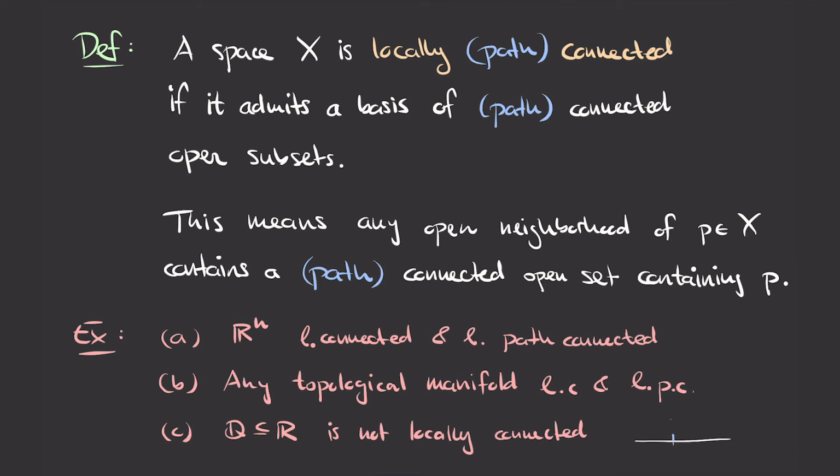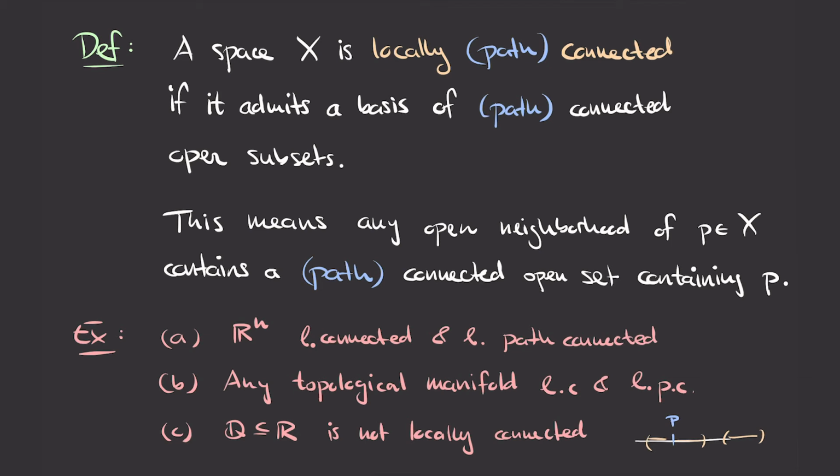Suppose we take some point P, a rational number, and now we take some arbitrary open set containing P. This will be an intersection of an open set of the real line with the rational numbers. That's what open sets of the subspace topology are. Now, in order to show that Q is locally connected, we would have to be able to find some connected open set that contains P and is also contained in this orange open set.